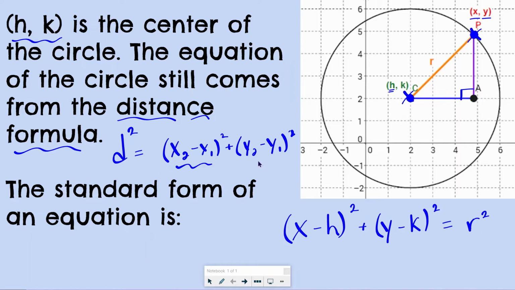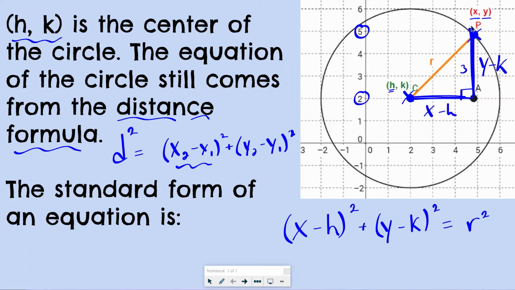So I'm just plugging into that distance formula using these 2 points. A really easy way to see this is thinking about how I would find this side and this side using that. It's basically just saying that y minus k, the y value here of 5 minus the y value here of 2, would tell me that length is 3. Same exact thing for this bottom side.